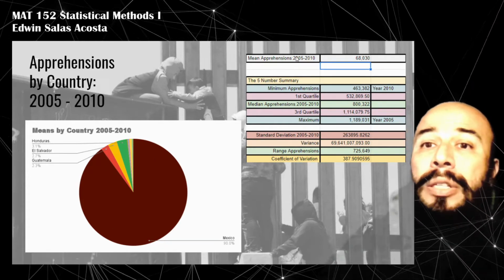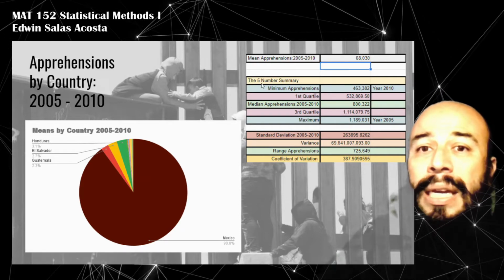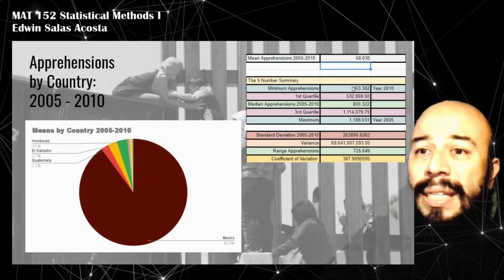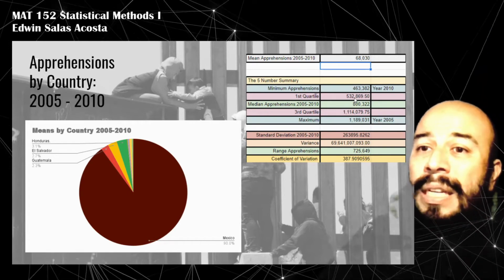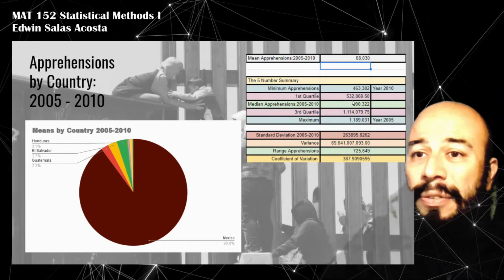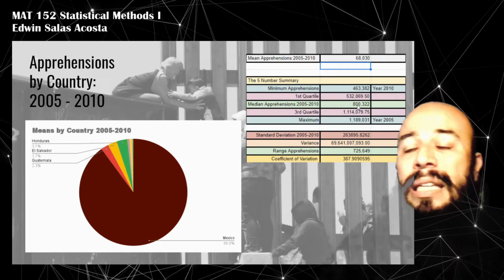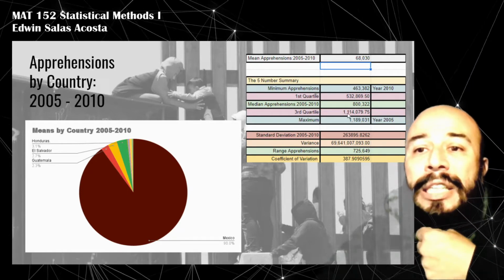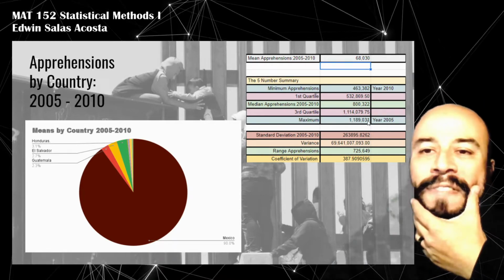Well, the median apprehension in 2000 is 68,000, and after we have the five-number summary. You see, in the year 2010 is the minimum of apprehensions. The first quartile is near 500,000, the median is 800,000, the third quartile is 1 million, and the maximum was in the year 2005.